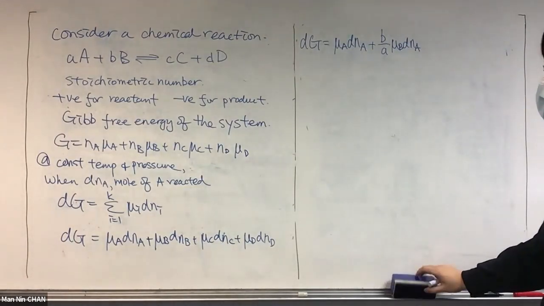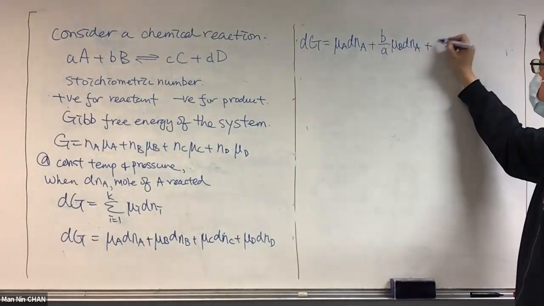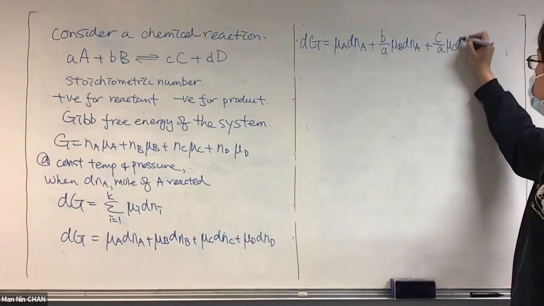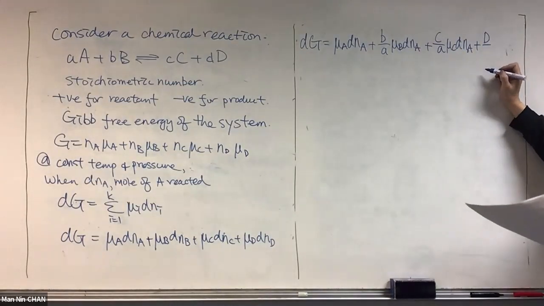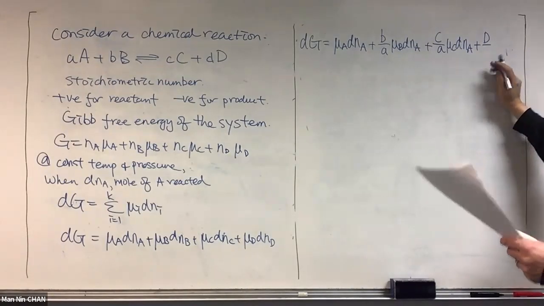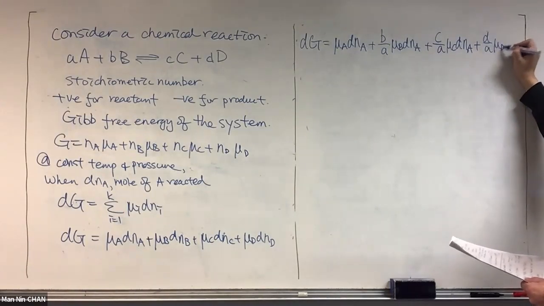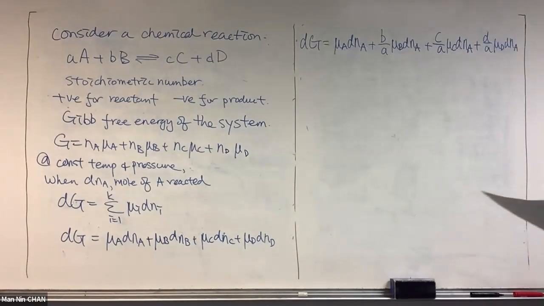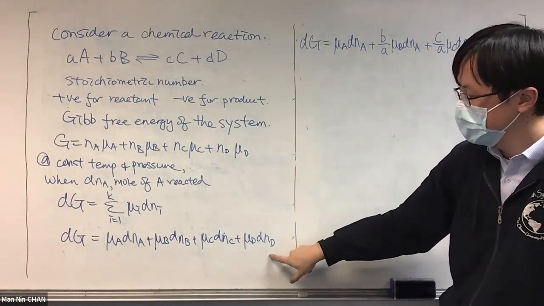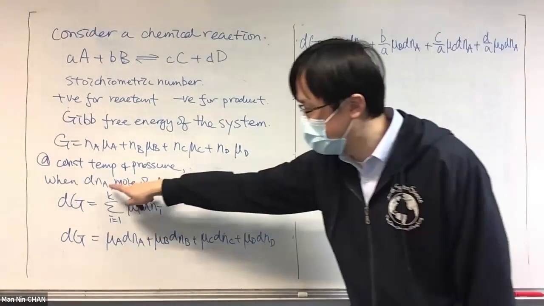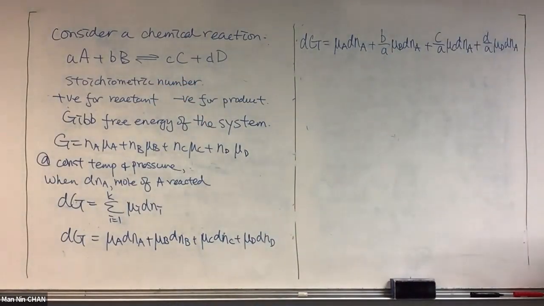Then I can also do the same thing for the number of moles of C formed, which will be just C over A, and also for D. Therefore, I can express all these terms with the change in the number of moles of A times their corresponding stoichiometric numbers, the ratio here.